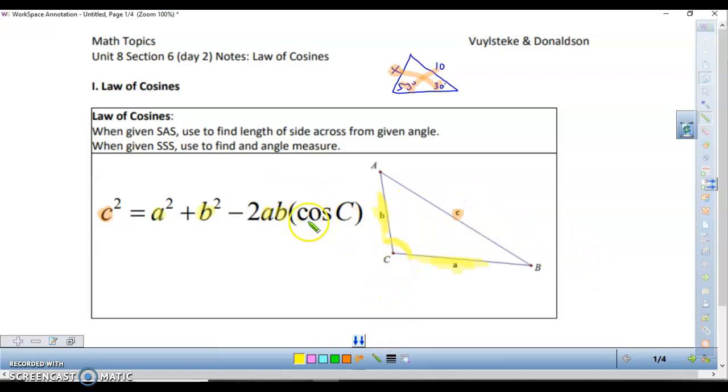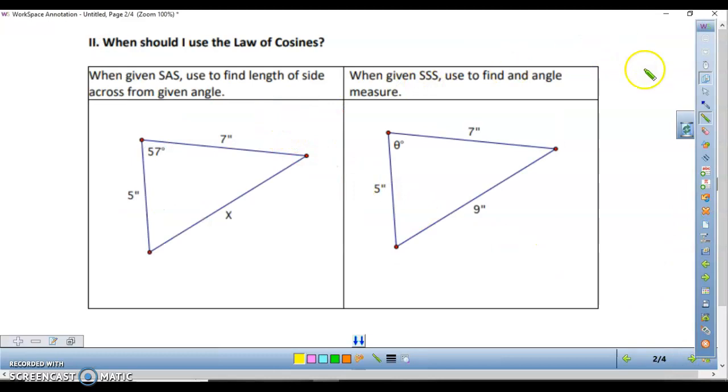All right, so this is the law of cosines, you guys. If we were in class, I would derive it with you and show you where it comes from, but it's a little bit complicated, so I don't want to waste time or confuse you with that. We'll just do a couple examples instead, and I'll focus on what you need to know to be able to use it. There are two different circumstances when you use the law of cosines.